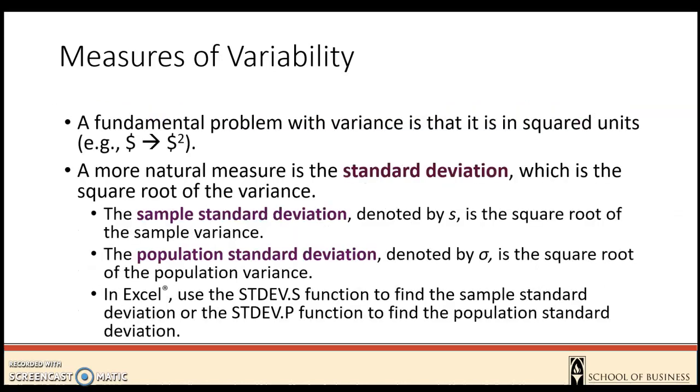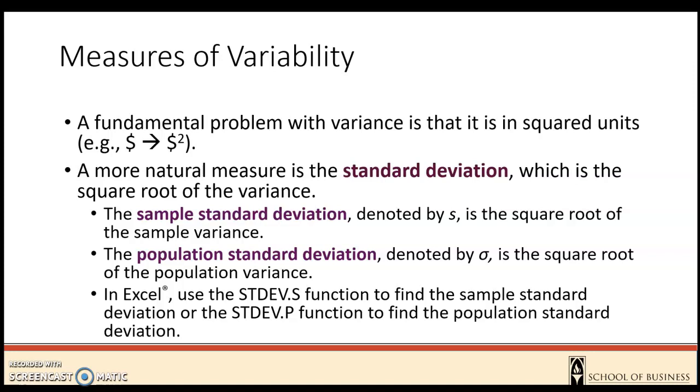Now, there is a problem with variance, is that it's going to give us things in squared units because we end up squaring it. And those units don't really mean much because dollar squared, there is no such thing as dollar squared. So a more natural measure that you will see all the time is STDEV, or standard deviation, which is just the square root of the variance.